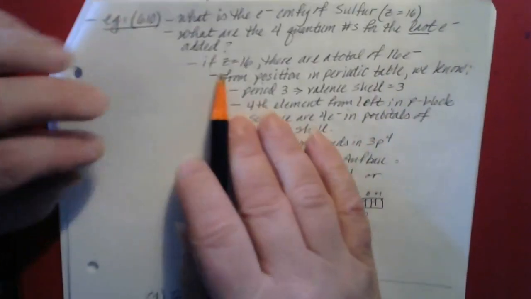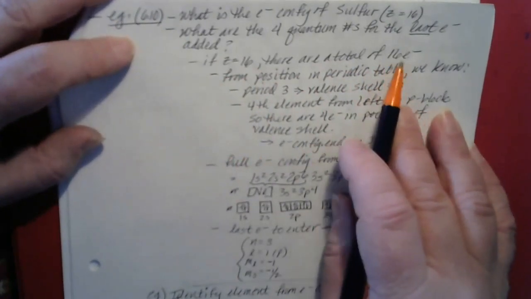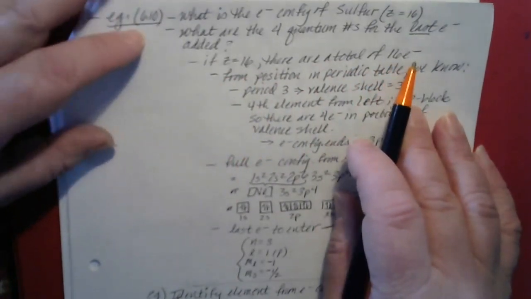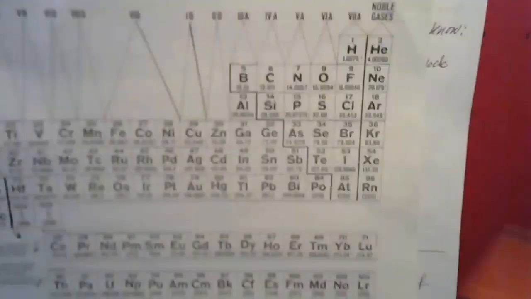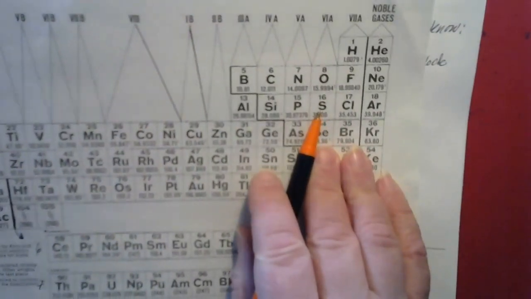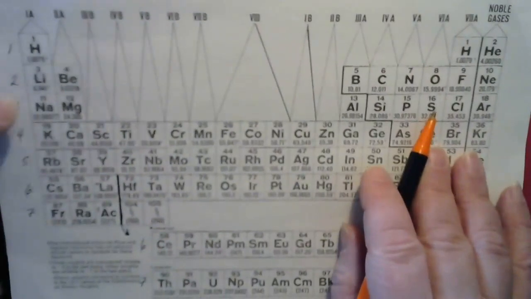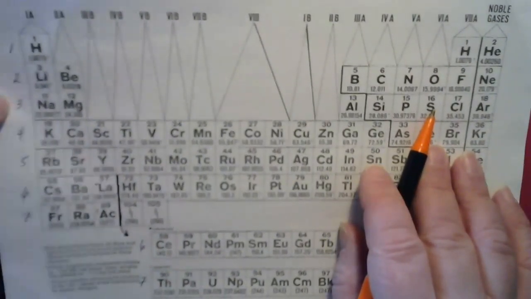So what are the 4 quantum numbers for the last electron added? Well, if the atomic number is 16, that means there must be a total of 16 electrons in the atom. From its position in the periodic table, you can tell a lot about it. Sulfur is right here. It's in period 3. So we know that the electron configuration would end with 3 something.